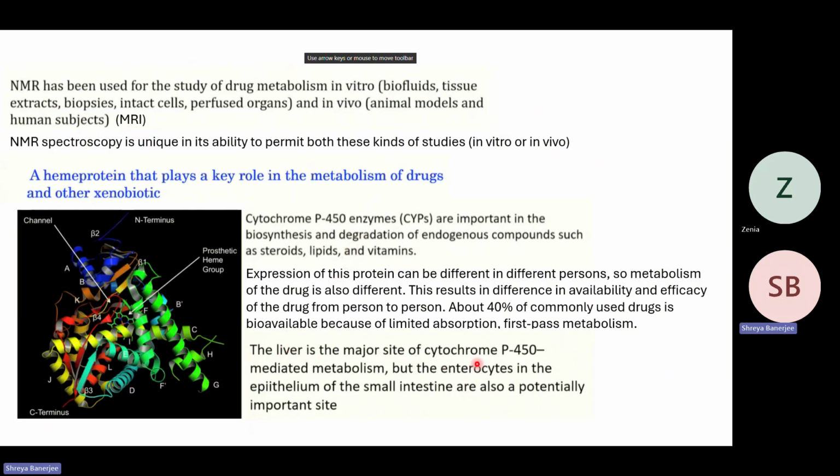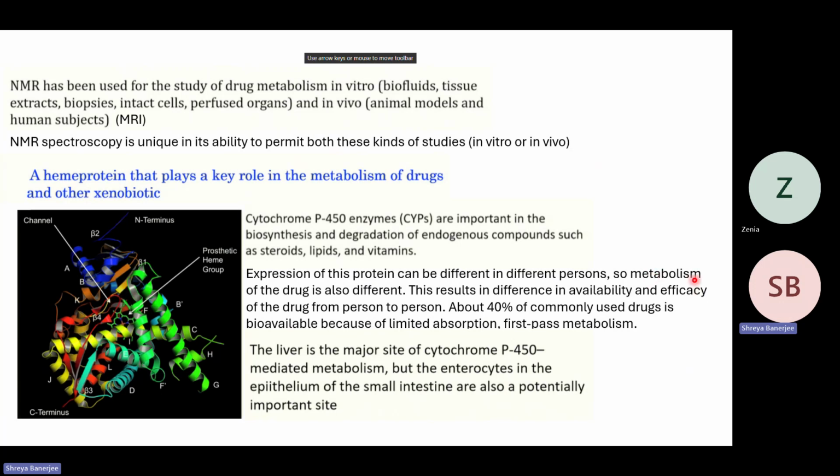Now, the liver is a major site of this cytochrome P450 mediated metabolism. And another potential site is the enterocytes in the epithelium of the small intestine. It is this protein that is metabolizing the drugs that is causing the problem, because this protein is responsible for drug metabolism, and it is expressed to different extents in different people.